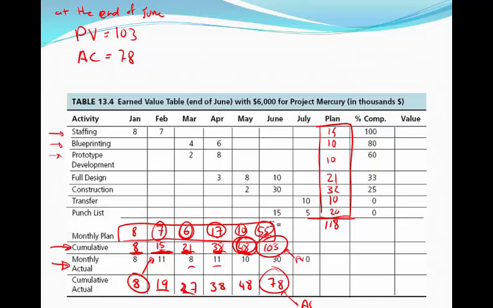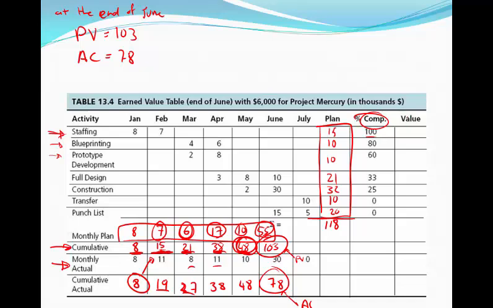So, looking back on the first row, the staffing activity has a planned cost of $15,000, and looking at our completion column, we know we completed 100% of this activity.